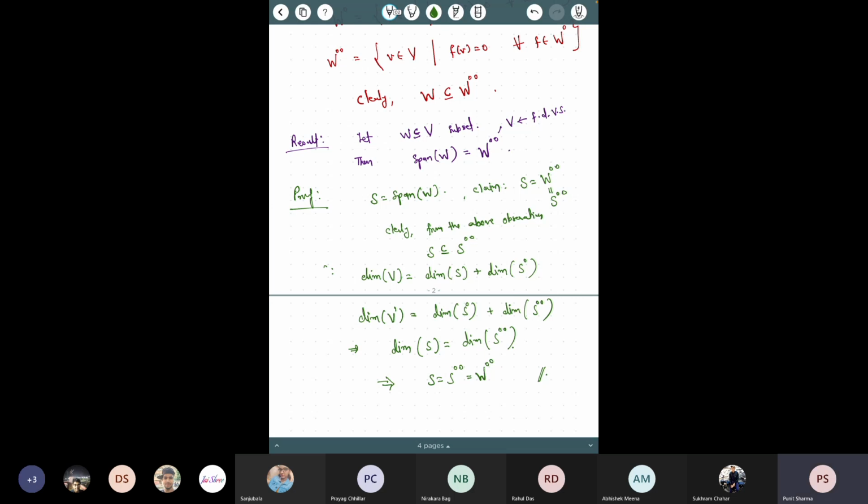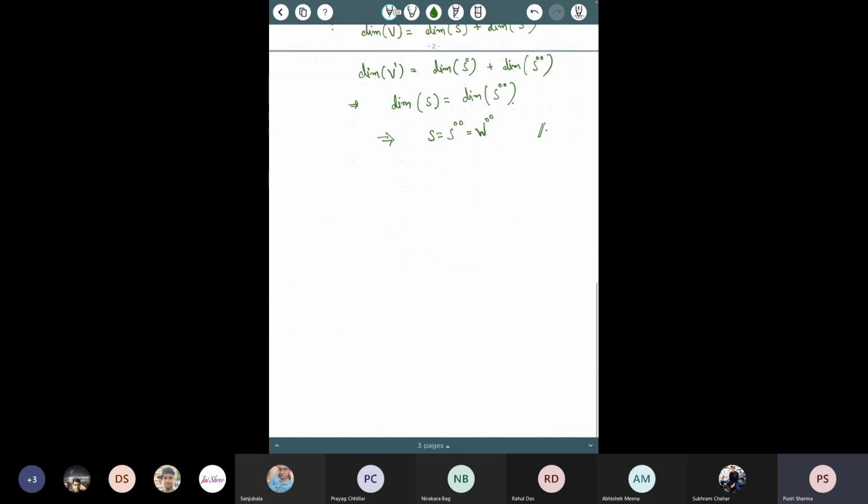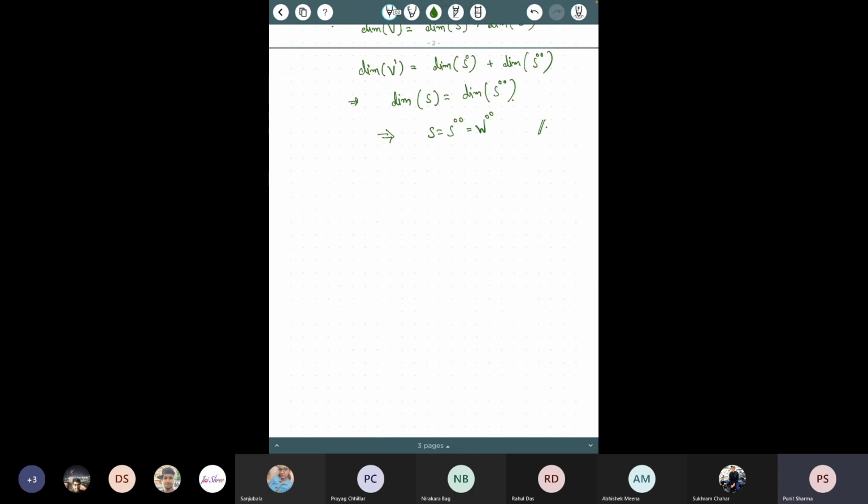All right. So this is how we can identify S double annihilator for any given subset S of a vector space.